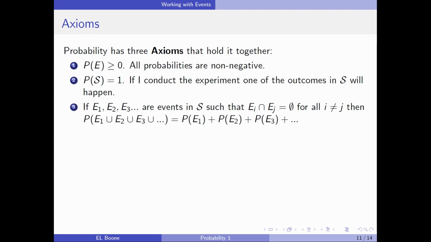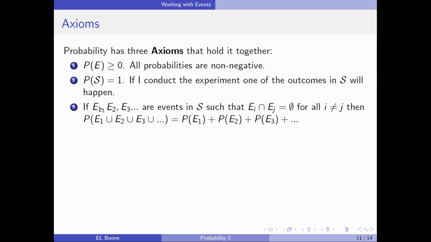That should be relatively easy to absorb. Second, the probability of S equals 1. It says if I conduct the experiment, one of the outcomes in S will happen. The one means it's kind of like 100%. Everything is in the sample space.